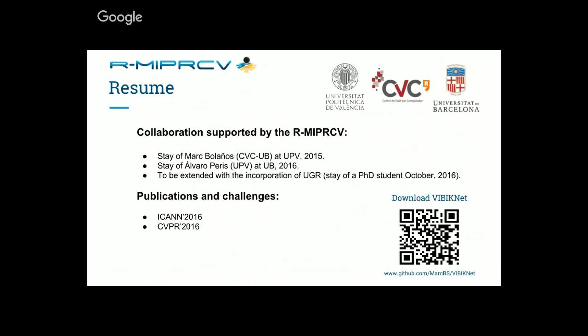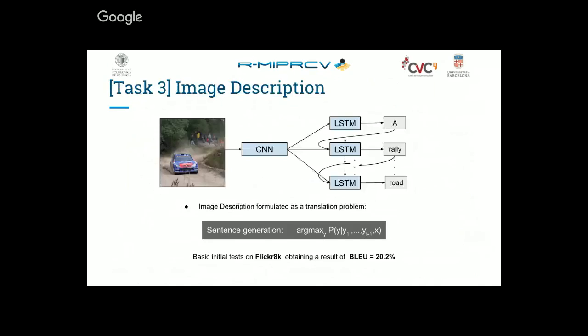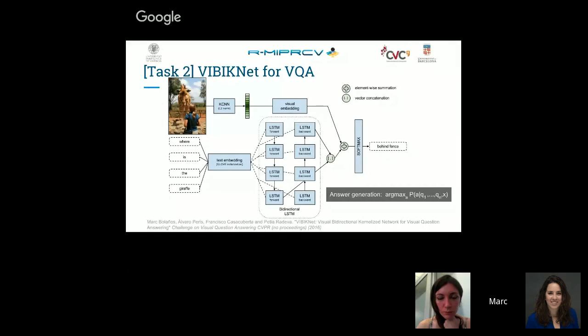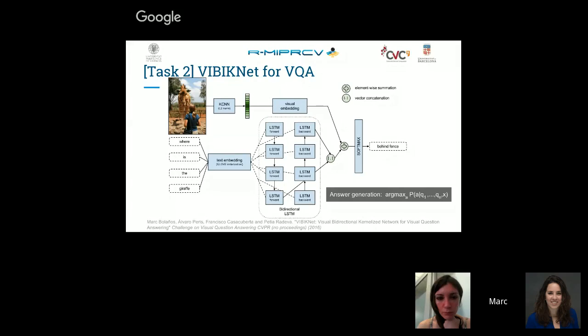So in the visual question answering model, you do this twice, the question and the image. How do you manage that?